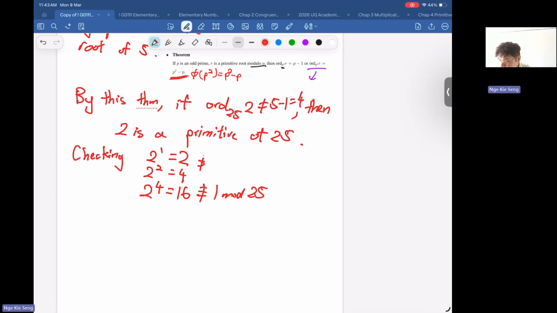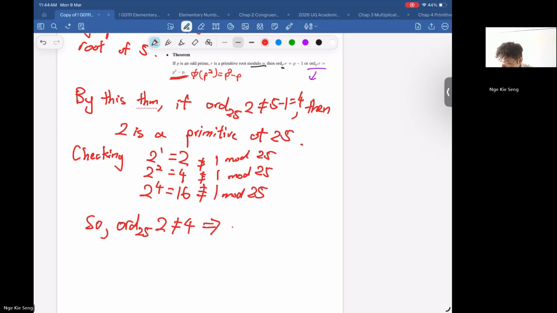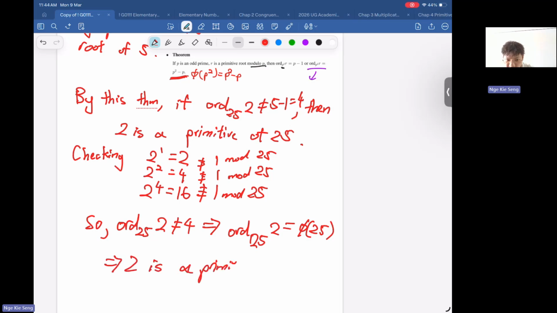So in this case, the order of 2 mod 25 is not 4, which implies that the order of 2 mod 25 is p squared minus p, which is 20. This implies that 2 is a primitive root of 25.